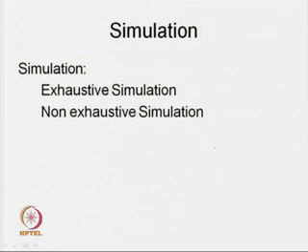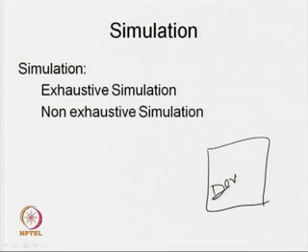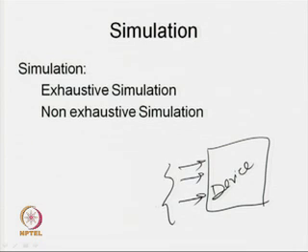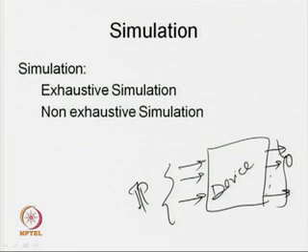In simulation, we think that this is my device, I have designed it, and this device has several inputs, and depending on the input pattern we should get the desired output. So, we check the desired output with respect to this input pattern. This is a basic simulation. We have a simulation model of our device and we check it, and if we find that it is correct, then we go for fabrication.